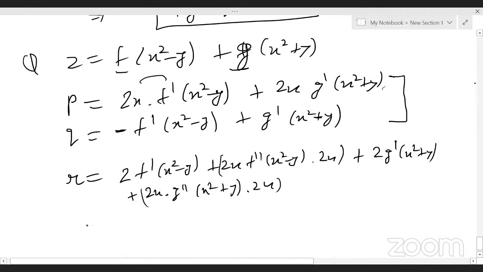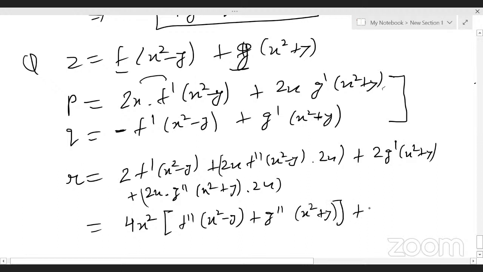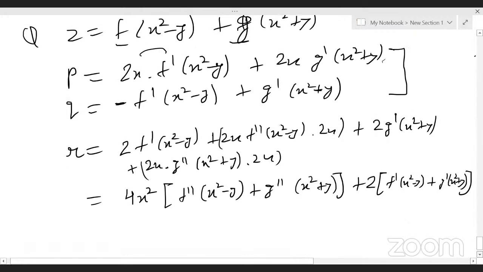So if you simplify it, you can write it as 4x square into f double dash of x square minus y plus g double dash of x square plus y, plus 2 f dash of x square minus y plus g dash of x square plus y. Okay. This is the first thing you need to know.